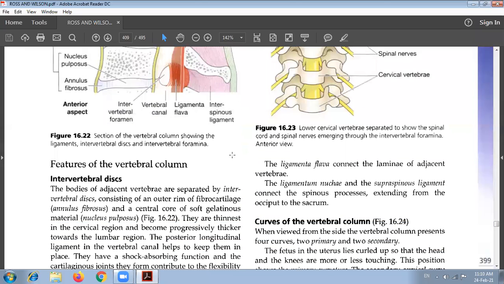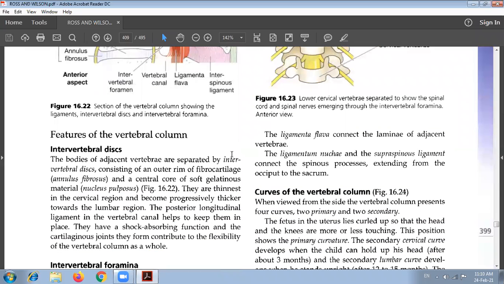Let us see next how the vertebral column is so movable. Here the intervertebral discs are present. The bodies of adjacent vertebrae are separated by an intervertebral disc, consisting of an outer rim of fibrocartilage and a central core of soft gelatinous material, which gives a smooth surface for the attachment of the vertebrae.